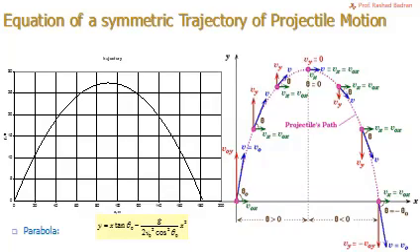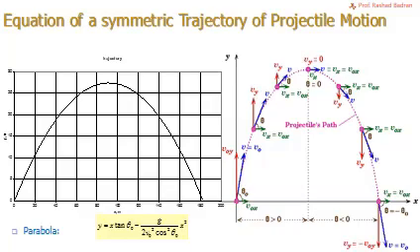By substituting x here, you're going to get y if theta naught and v naught are given in the problem. So it's interesting to see that for a certain theta naught, or a certain angle, you might have such a path like this.